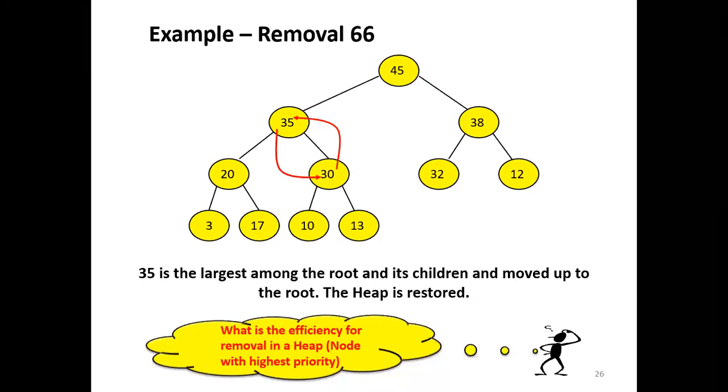Now, if you compare it with the previous one, the priority queue that we had in slide 3 or thereabout, we remember that the efficiency for removing an element is of the order of n. But in this case, the efficiency for removing an element in a heap is reduced to the order of log n.